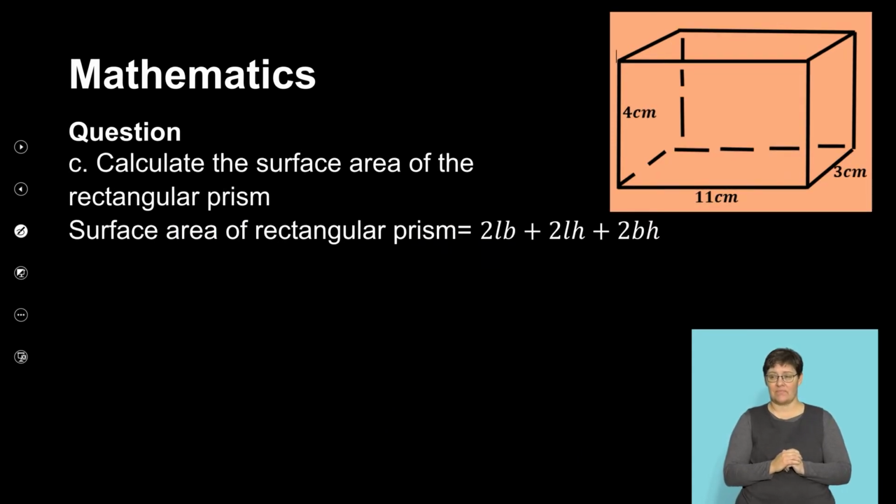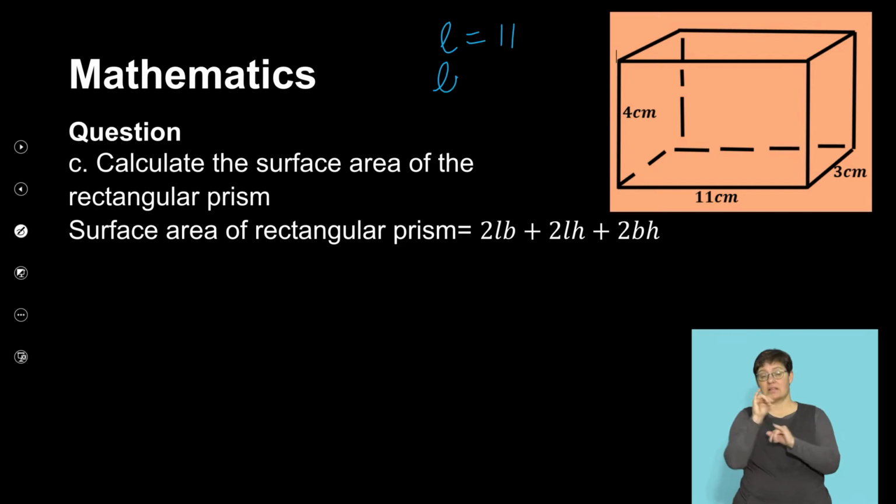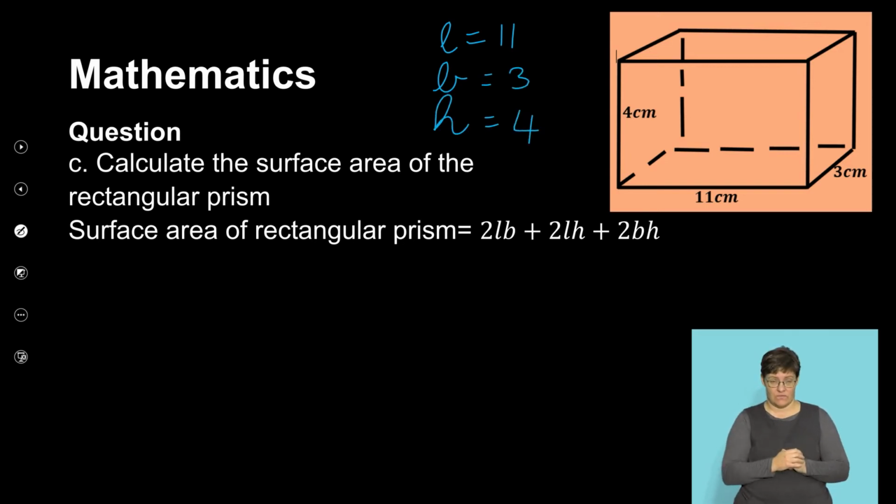So we are now going to calculate the surface area of the particular rectangular prism. Again, I'm just going to write my length is 11, my breadth is 3, and my height is 4. So we again need to take the area of all of the different rectangles that make up this particular prism.